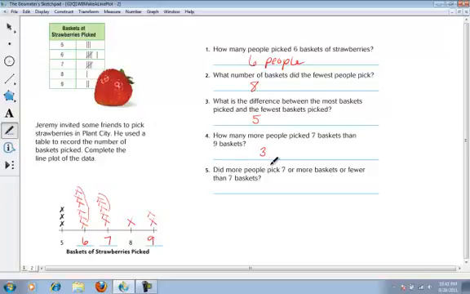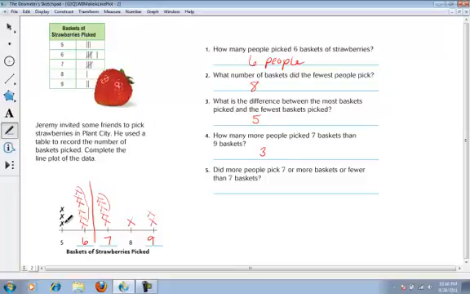Now, did more people pick 7 or more baskets or fewer than 7 baskets? Well, let's look. How many people picked 7 or more baskets? I can draw a line here to show this is the number of people that picked 7 or more. This is the number of people that picked fewer than 7.